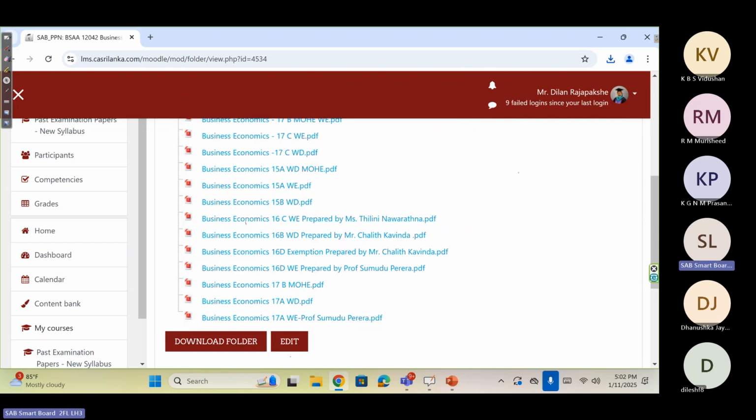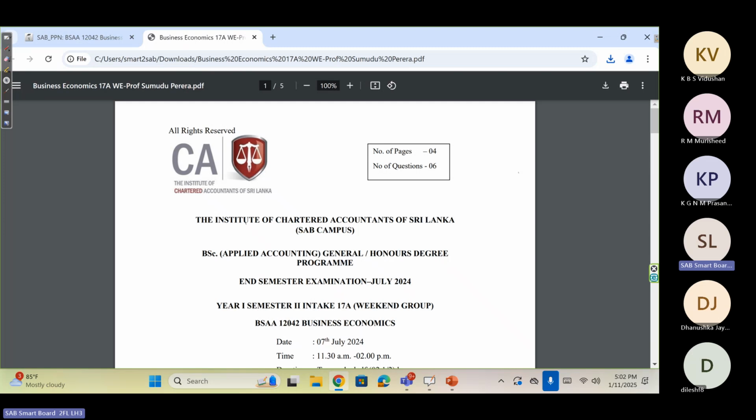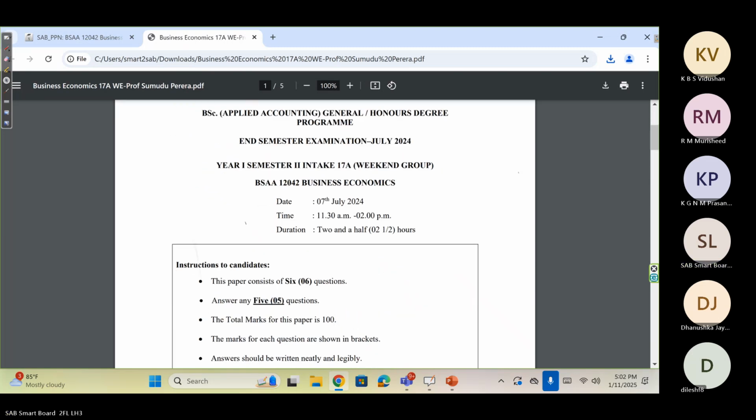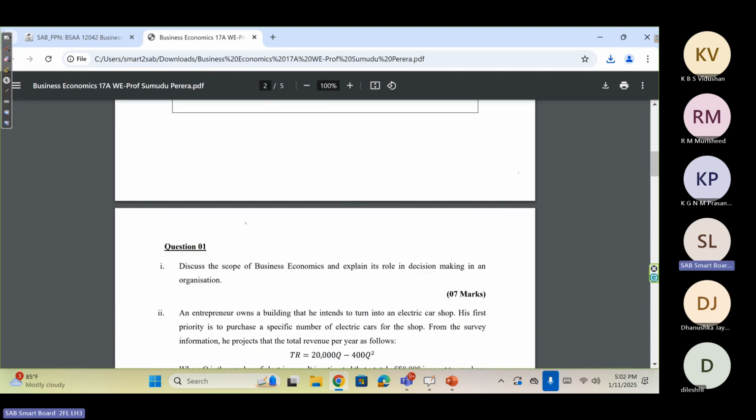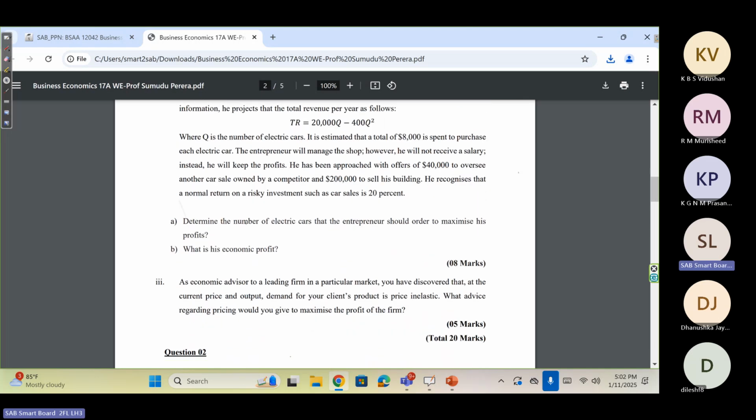But you will see the papers for the previous semesters. So you can open these papers and go to the relevant questions on production and cost theory.